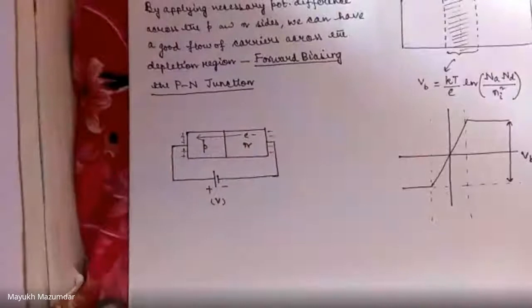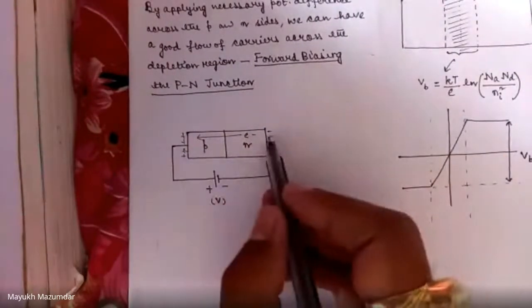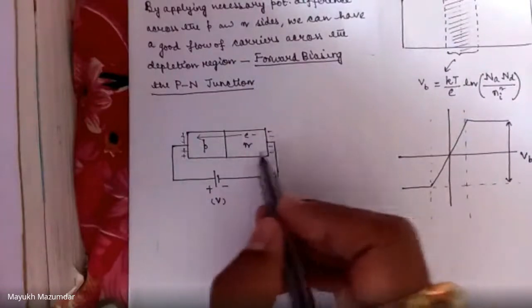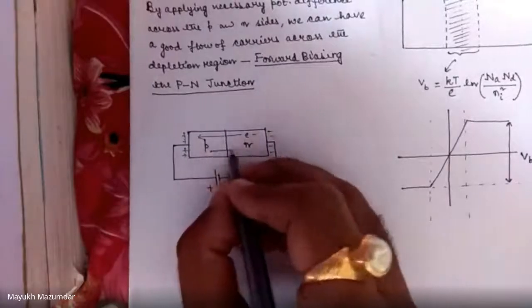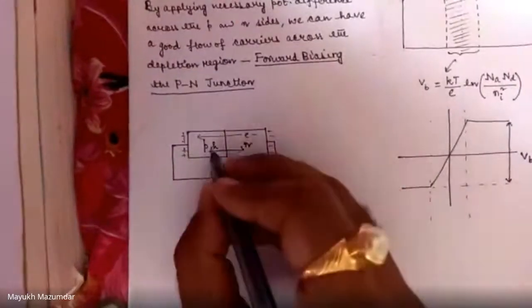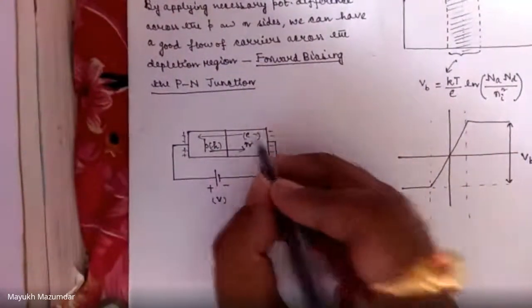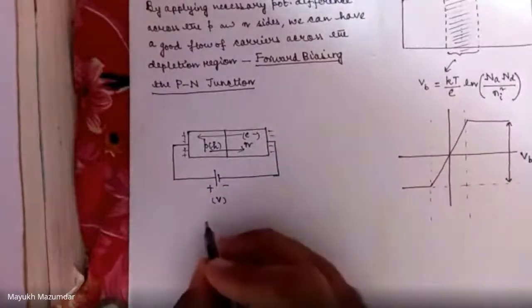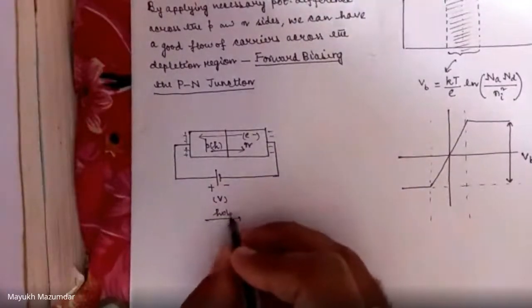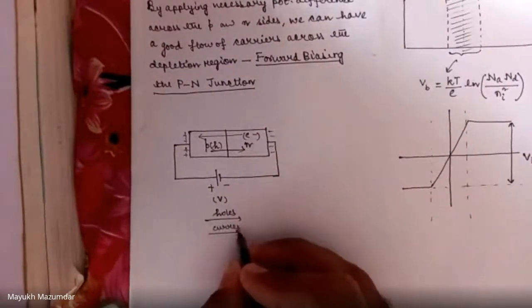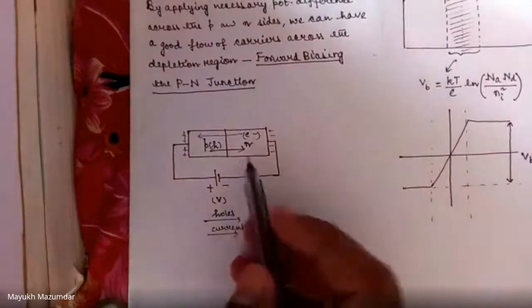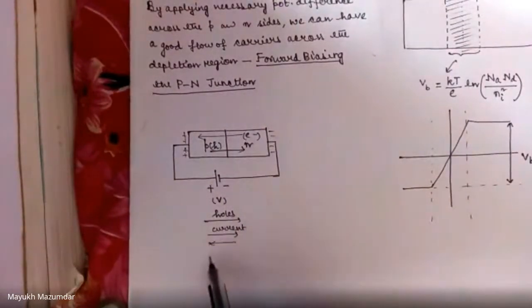On its own, it cannot do that. Similarly, the holes should be attracted towards the negative charges accumulated at the negative terminal, and they will move this way. If holes are moving this way, that is also the direction of flow of current. And if electrons are moving this way, then also the flow of current would be along this direction only.